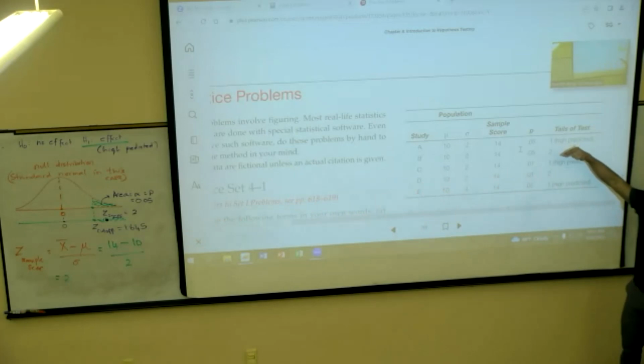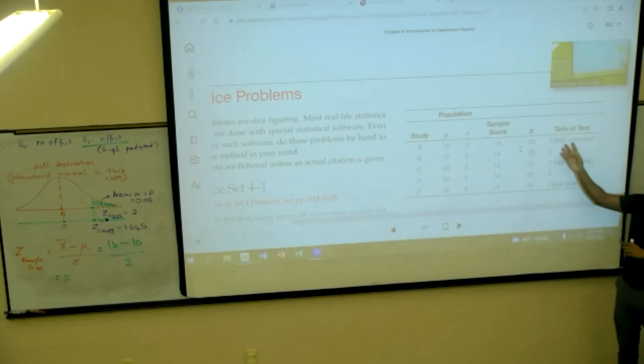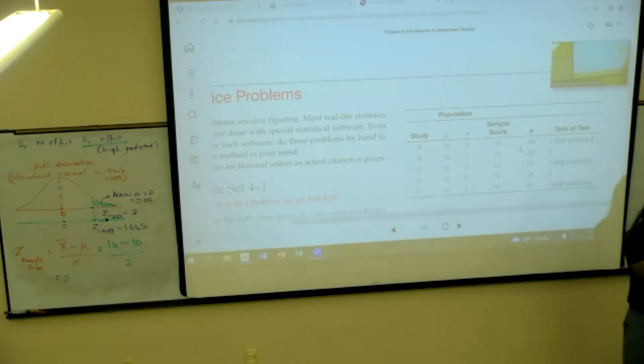Based on what Riley said, why did they not specify high predicted here? Riley simply said, okay, equal means no effect. Not equal means there is an effect. Yes, that's it. Why am I not seeing high predicted here? Because you have a positive and negative.